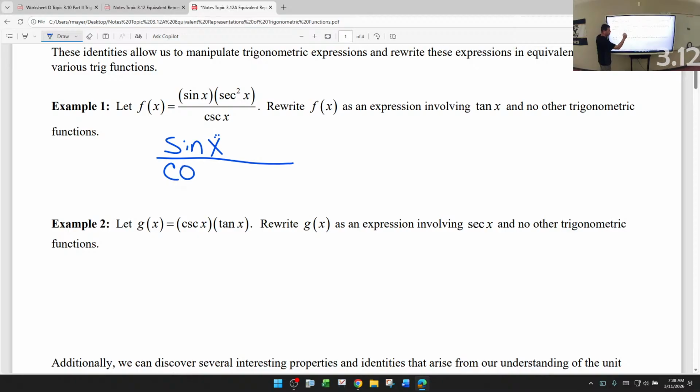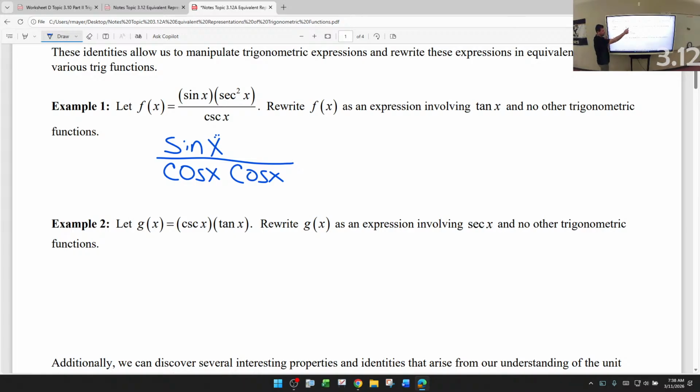I might even do cosine x, cosine x. You can do cosine squared x. I'm just kind of seeing where this is going, guys. I really don't know where this is going. I just know they want me to rewrite it. So I'm in the process of rewriting this.